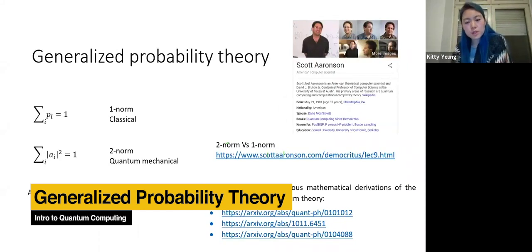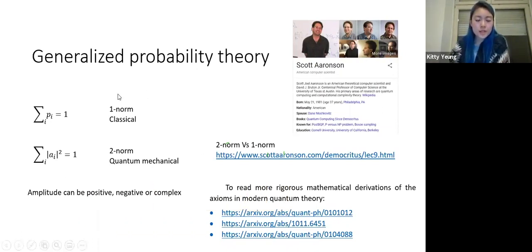Some good material to read further is from Scott Aaronson, on generalized probability theory, where he gives a pretty interesting explanation of why our world functions with amplitude squared instead of just the probability. So classically, the probability adding up to 1 is called 1-norm, and that's what we are used to with our everyday experience.